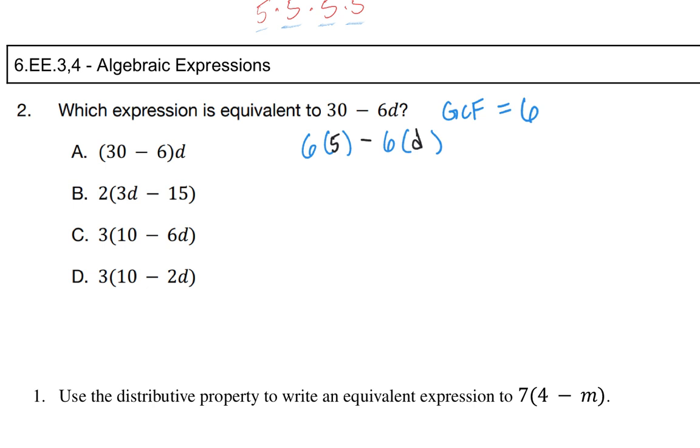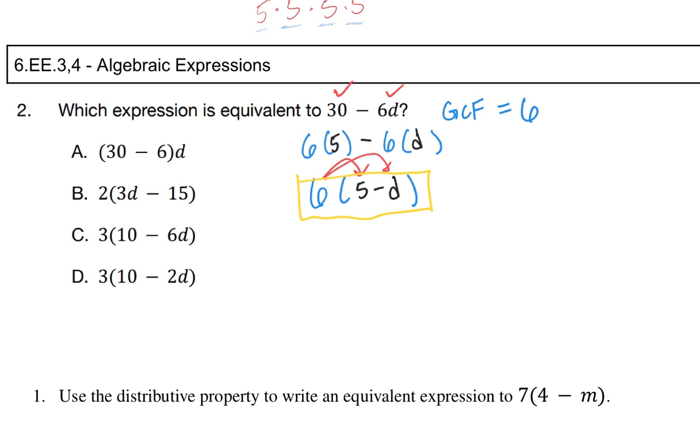So the expression that should be the answer choice down below is 6 times 5 minus D. That is equivalent to what we have because 6 times 5 is 30 minus 6 times D is 6D. This should be the expression down below that I would have wanted them to have as an answer choice.